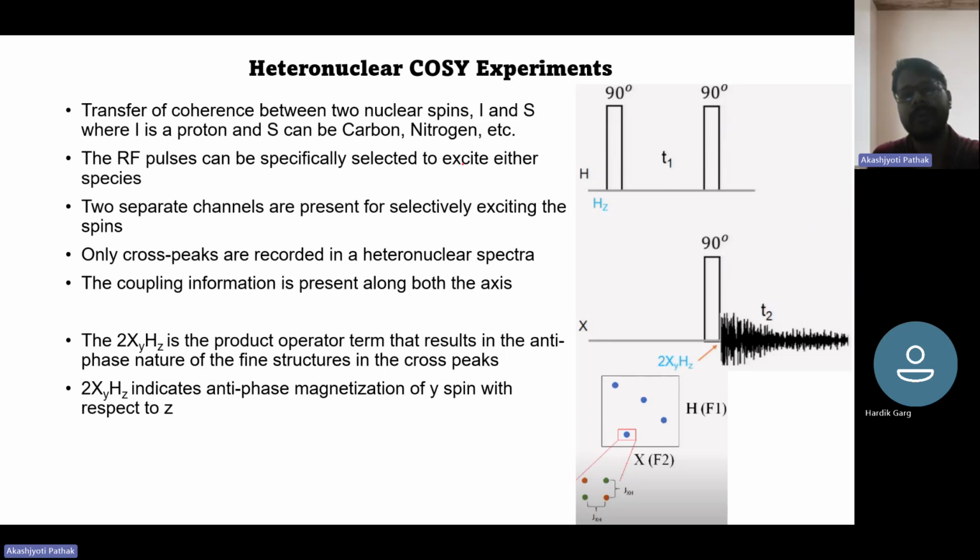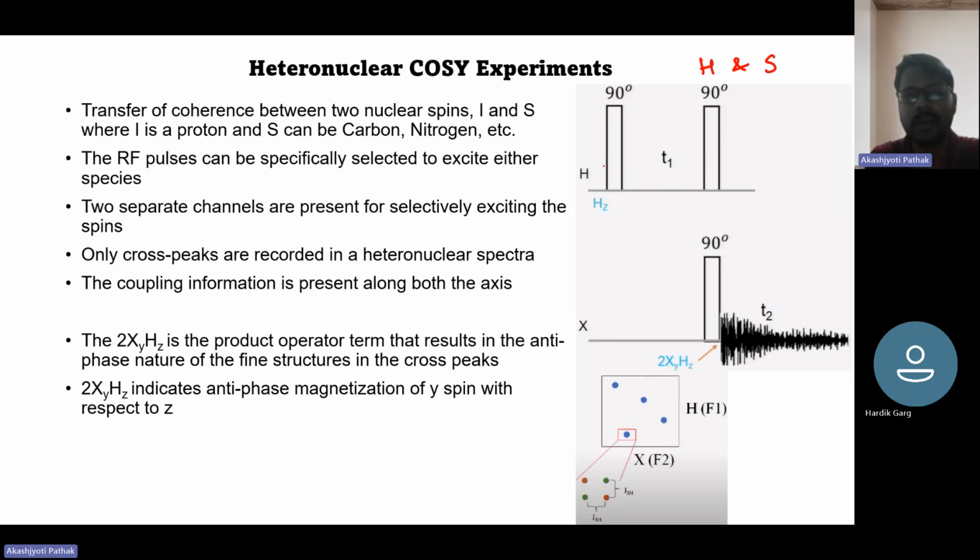Since there are two spins, a proton and another nucleus which can be carbon or nitrogen, we can selectively excite either spin by applying the particular frequency.